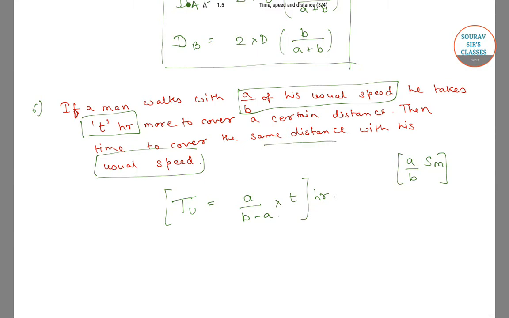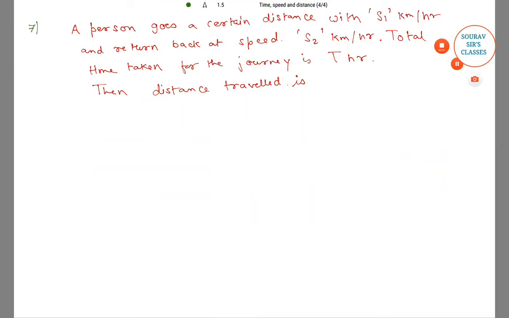Next we have, suppose a person goes a certain distance, say D, with a speed S1 km per hour and then returns back with the speed of S2 km per hour.